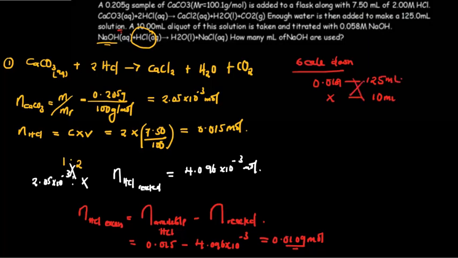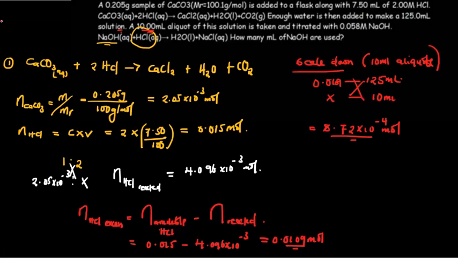Then you cross multiply, find the value of X. So in the 10 mil aliquot we are going to have 8.72 times 10 to the power negative 4. So these are the moles we got in the 10 mil aliquot that we titrated with that solution. These were the excess moles.